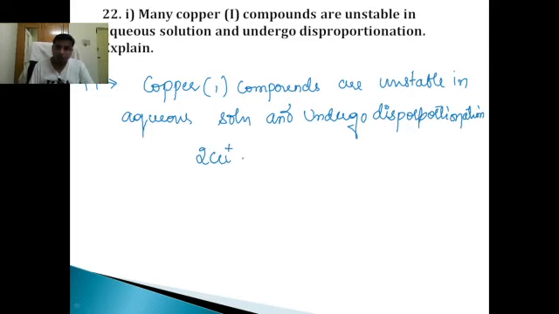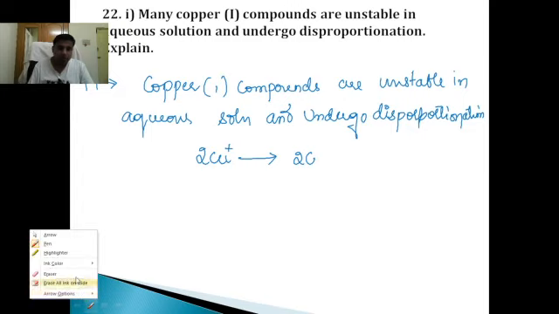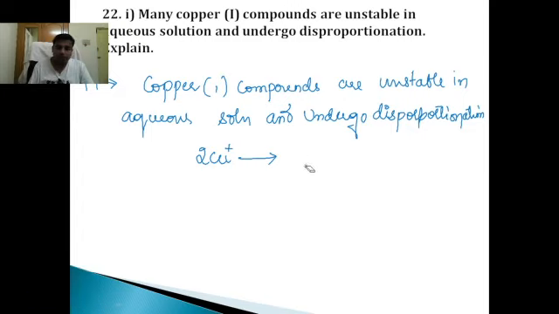I hope you know what is disproportionation. It is both oxidized as well as reduced. If the same species is both oxidized as well as reduced, we call it a disproportionation reaction. Cu plus is oxidized to Cu2 plus and also reduced to Cu. In the aqueous solution, copper 1 is highly unstable, therefore it disproportionates to give Cu2 plus and Cu.